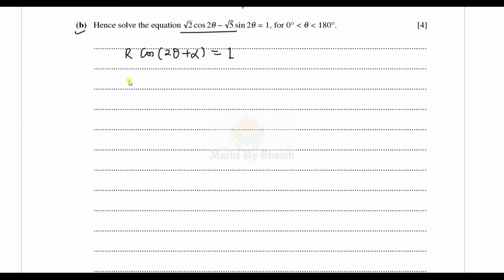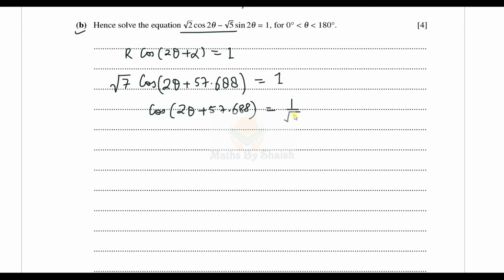So we can write root 7 cos of 2 theta plus alpha, and alpha is 57.688, is equal to 1. So cos(2 theta plus 57.688) is equal to 1 over root 7.